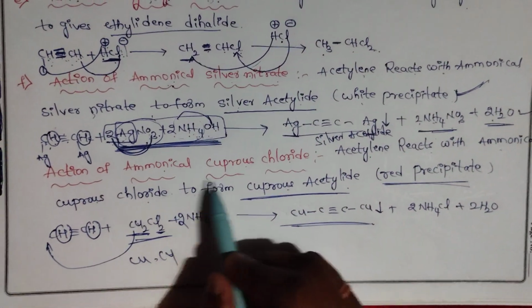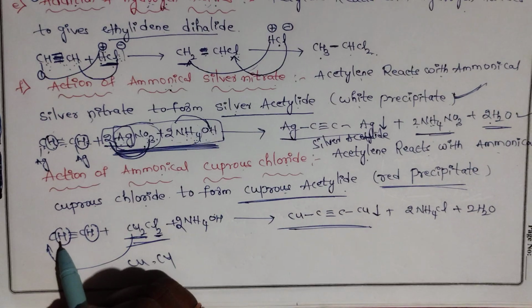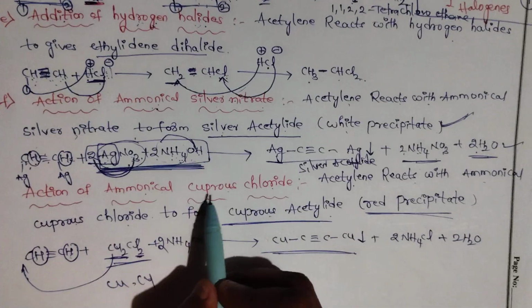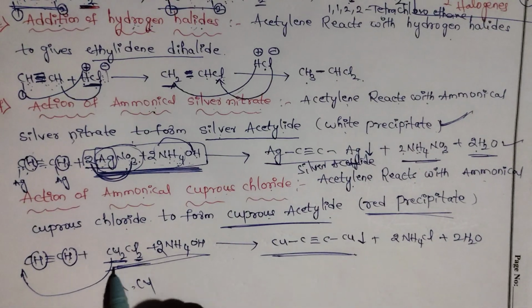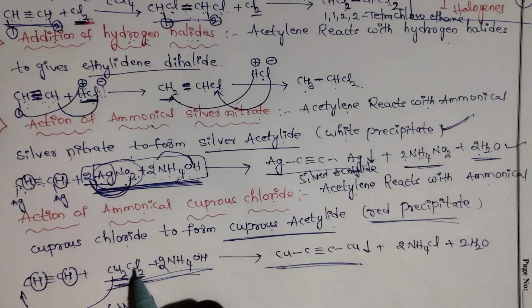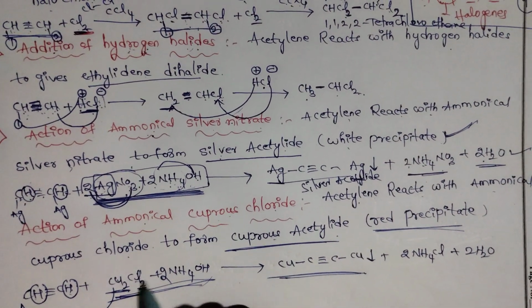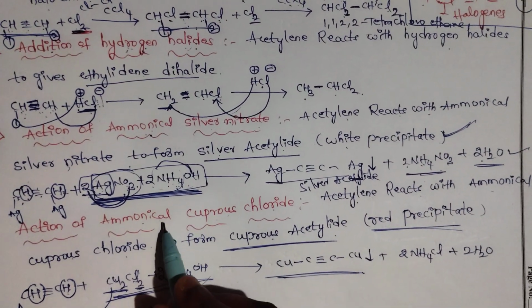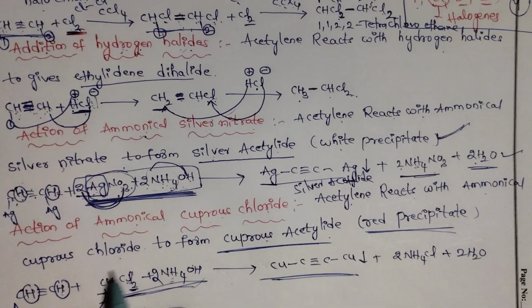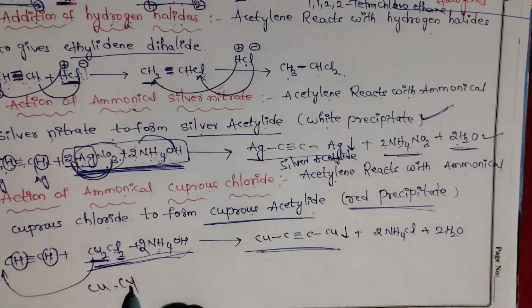What is the formula of acetylene? CH triple bond CH. By the combination with ammoniacal cuprous chloride, we take cuprous chloride, Cu2Cl2, and ammonium hydroxide. These two together are called ammoniacal cuprous chloride. Cu2Cl2 means two chlorines, Cu and Cu.